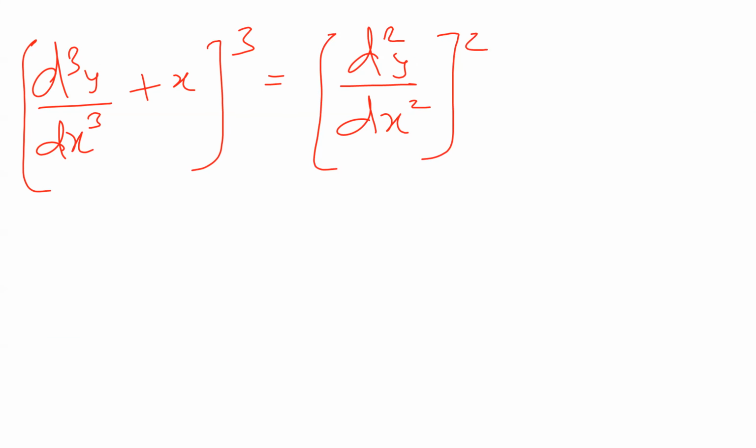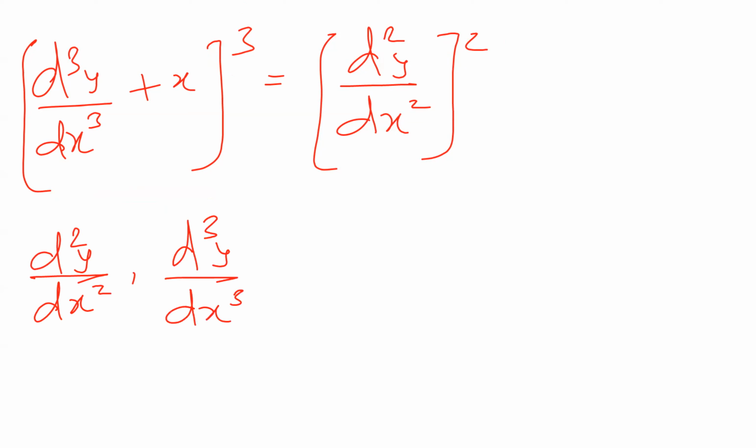Further, we can also take a plus b the whole cube on the left hand side, but that is not really needed because there is no fractional index now. Fractional index as in the power should not have a fraction. So 3 and 2 do not have a fraction in them. Those are positive integers. So let us note down the differentials. The differentials are d square y by dx square and d cube y by dx cube, right?